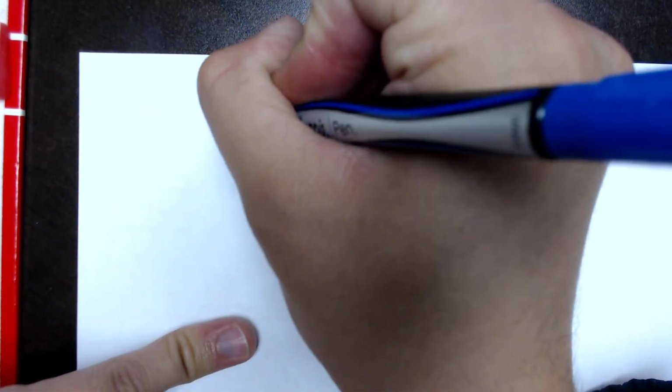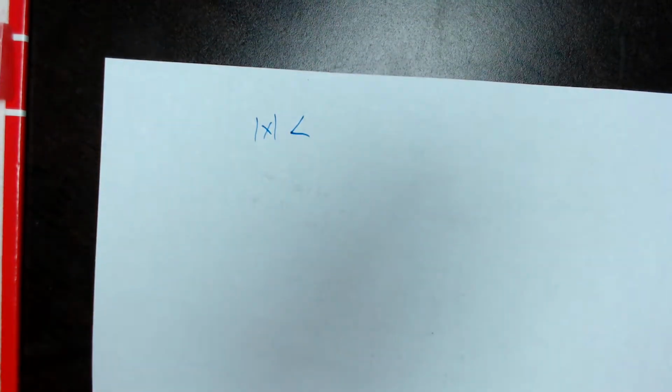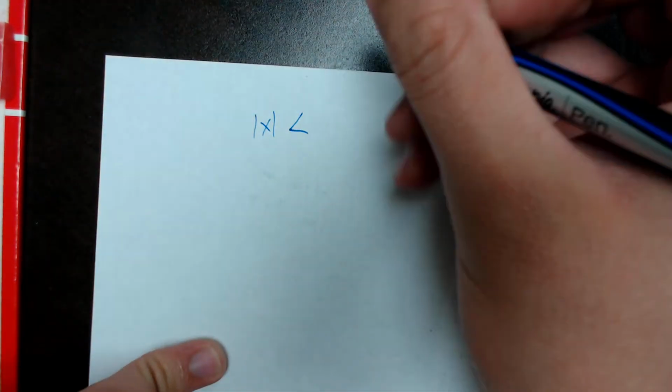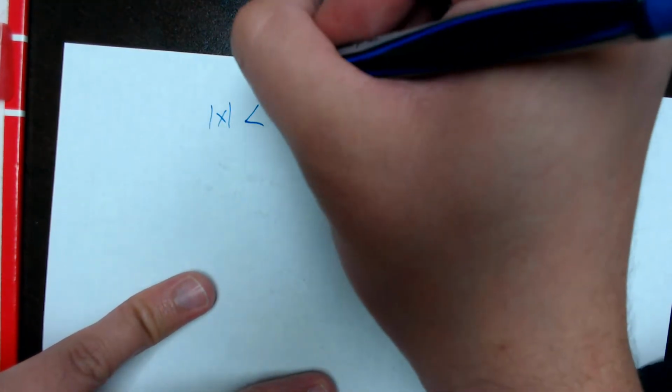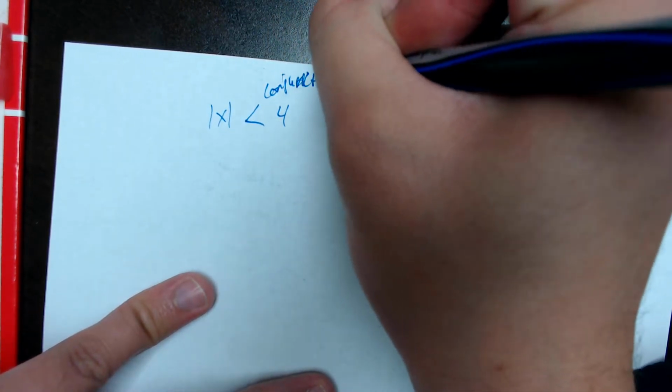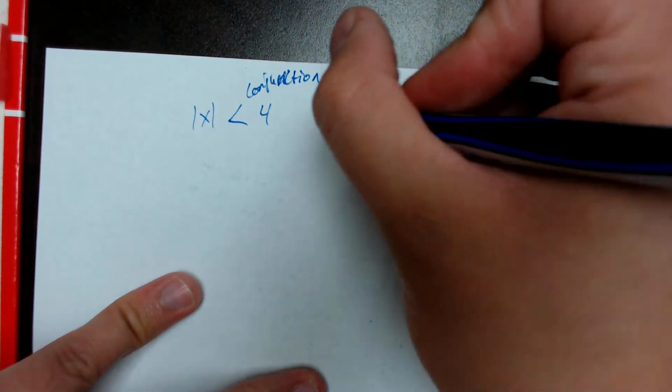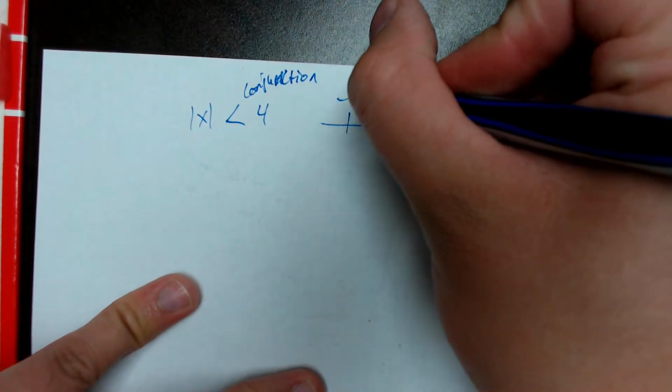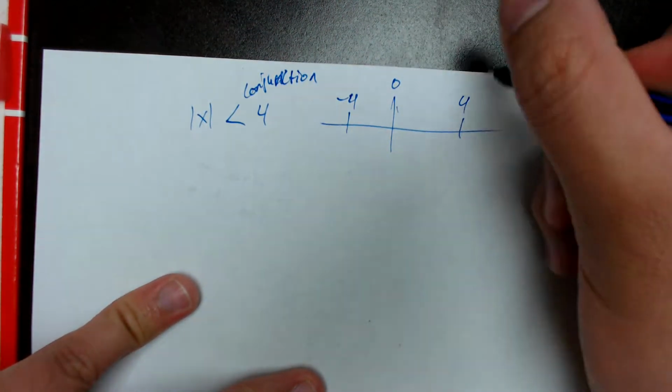So if we have the absolute value of x is less than a number, we'll just use 4 as the example. Less than will always make a conjunction. So on a number line, -4, +4.